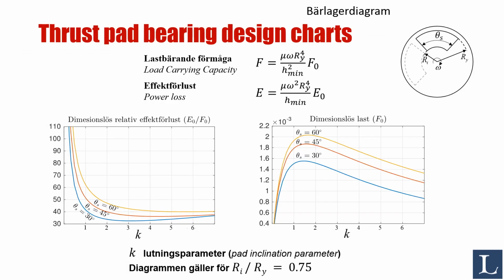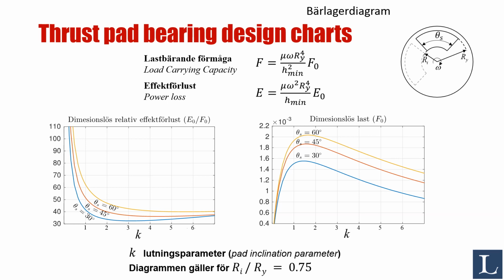If we have a look at the design charts, we see that this value of 1.5 gives the maximum load carrying capacity, but if the K value is decreased, the load carrying capacity decreases, and if it increases, it also decreases.